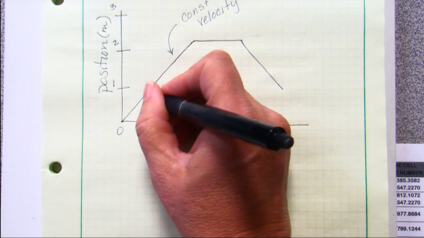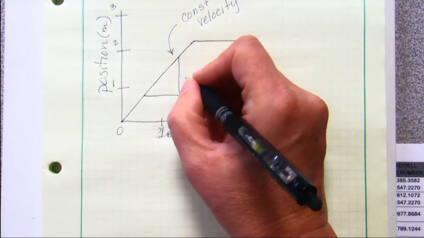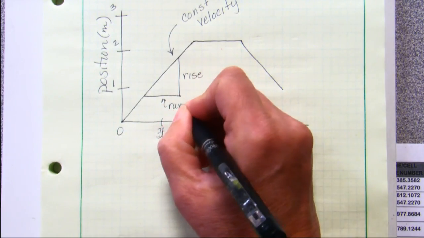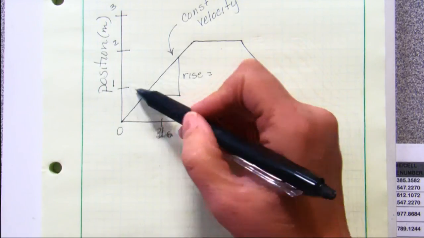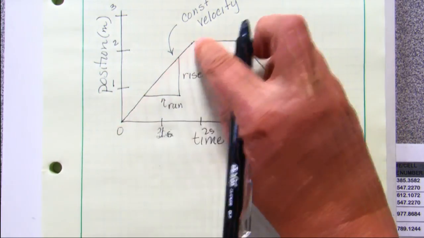We can calculate that constant velocity by looking at the slope. Okay, let's remember the old rise over run thing. The rise is going to be, in this case, we'll do the whole line.